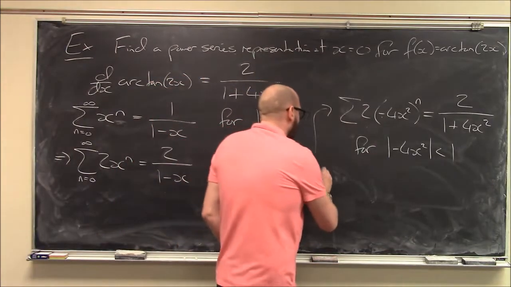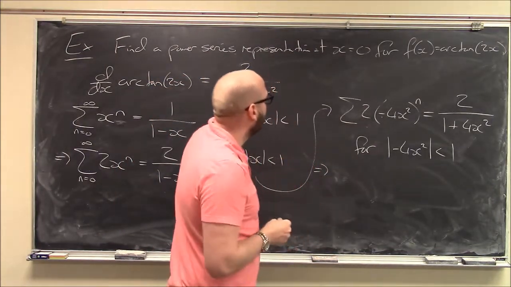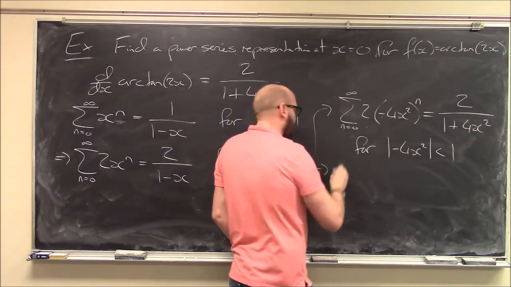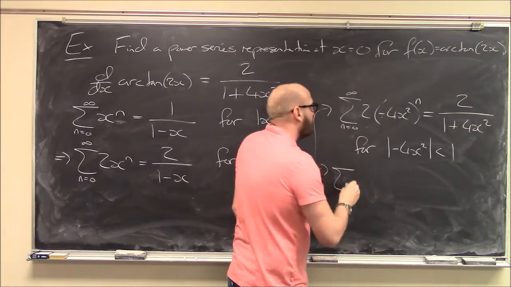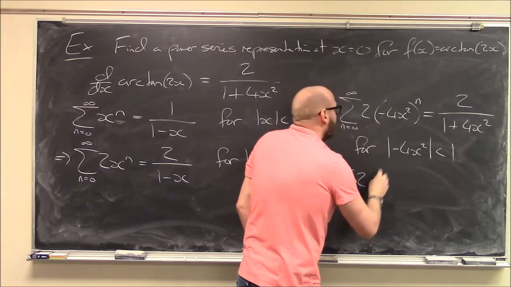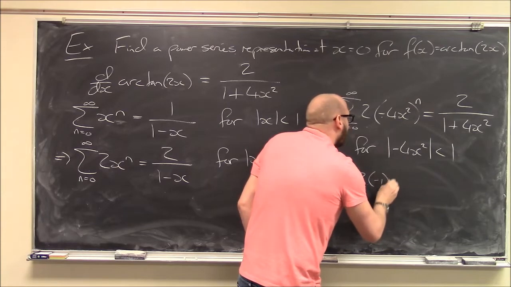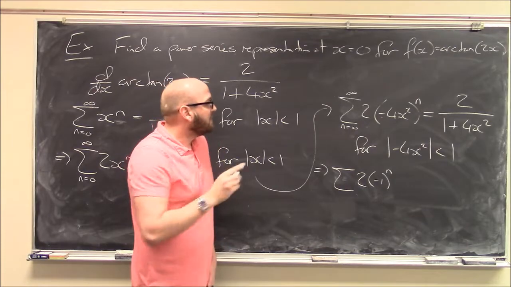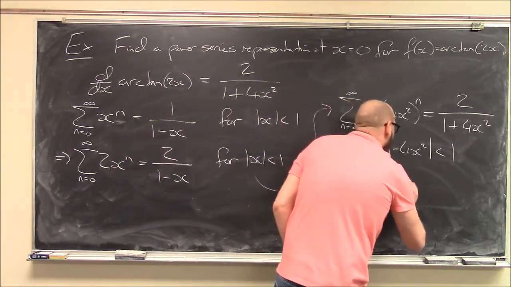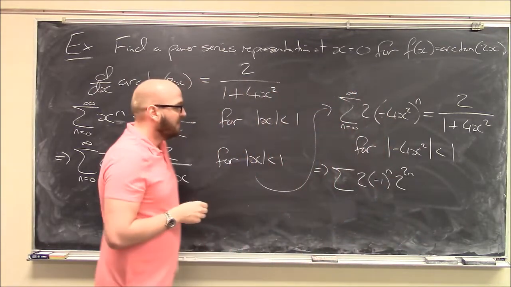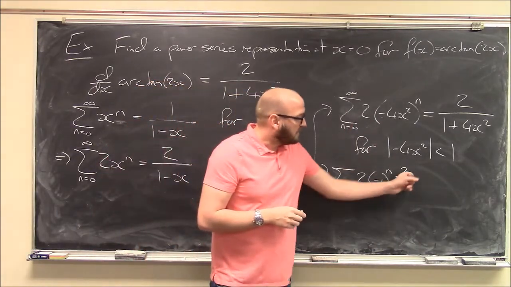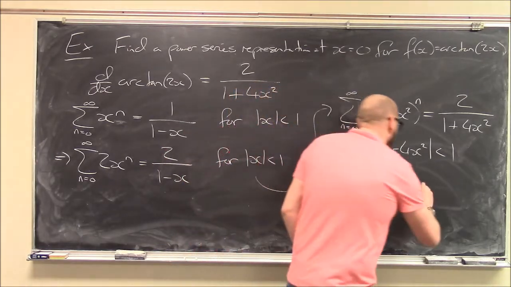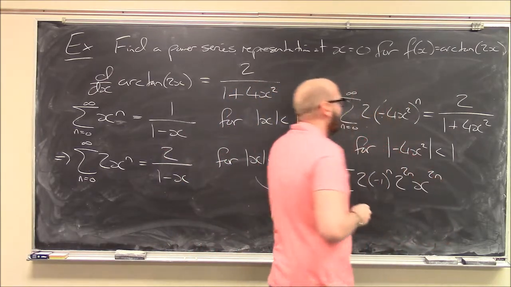And we need to clean this up a bit. What do we have? Minus 4 to the n. Oops, this is n equals 0 to infinity, so we'll clean this up quite a bit before we do anything else. This is 2 times minus 4 to the n, I'm going to write that as minus 1 to the n times 4 to the n. I'm actually going to write 4 to the n as 2 to the 2n, right? Instead of writing 4 to the n, I wrote it as 2 to the 2n, 2 squared to the n, so that I can group these together. And then we've got x to the 2n.